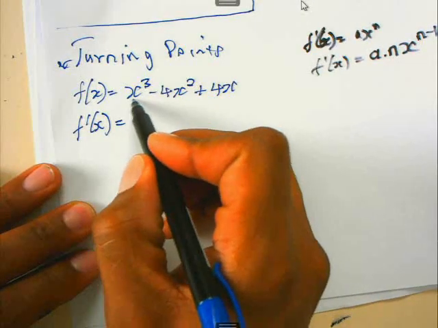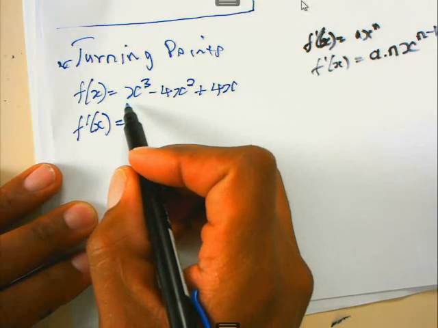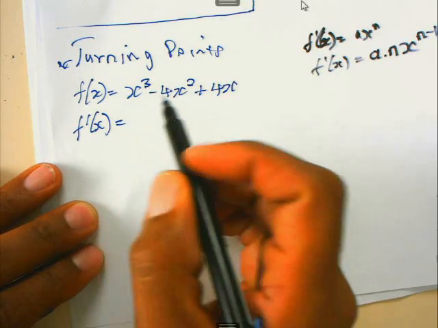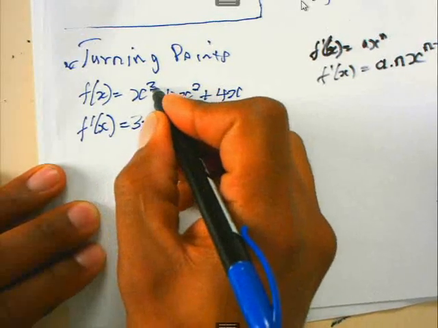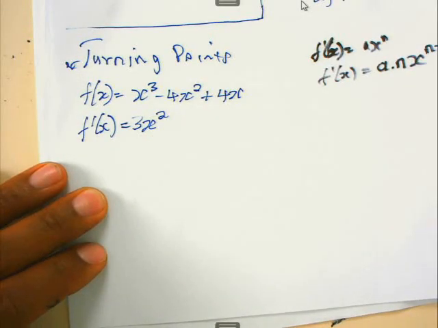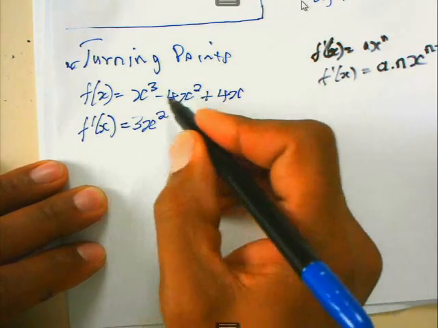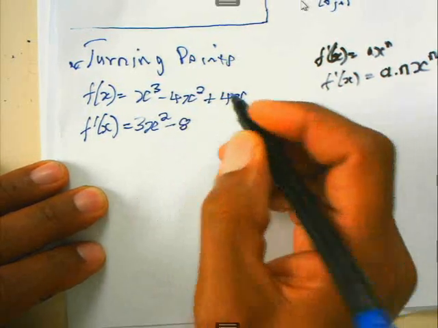What will be the derivative of x to the exponent of 3? Of course, we look at the coefficient. What is the coefficient there? It's 1, right? And now we say 3 times 1, that is 3. And then from the exponent, minus 1, you're going to have 2. That is 3x squared. And now from here, 2 times minus 4 is minus 8, of course.